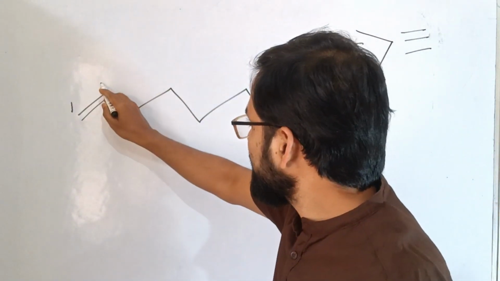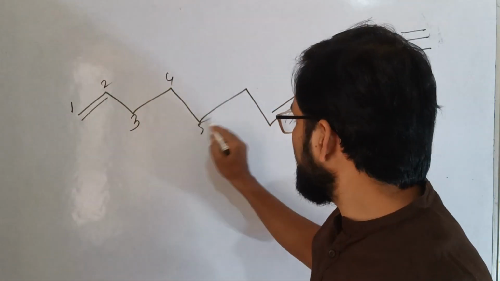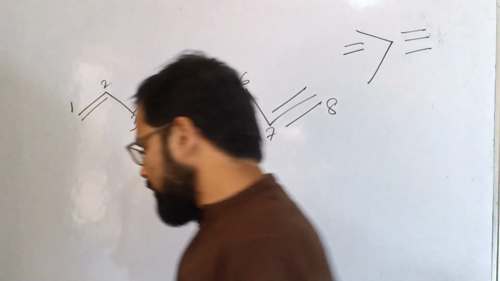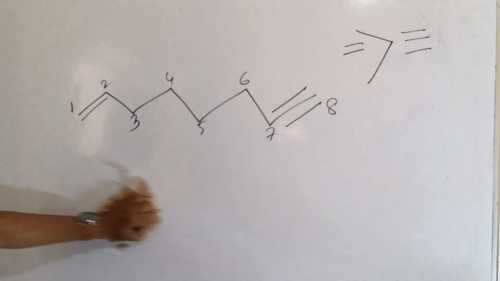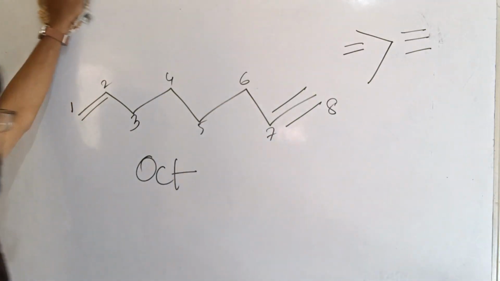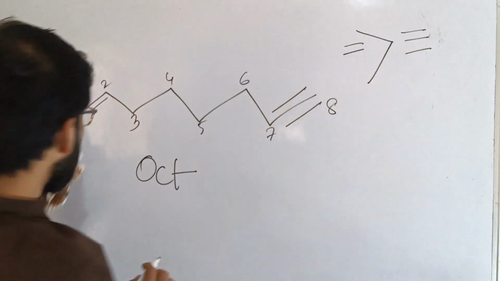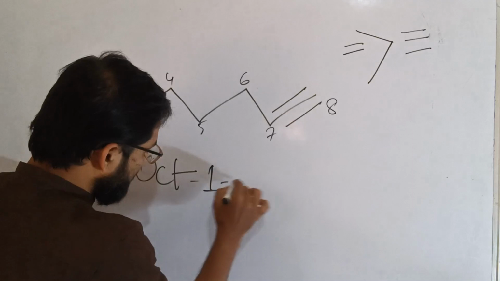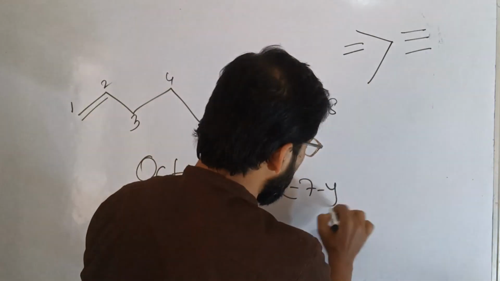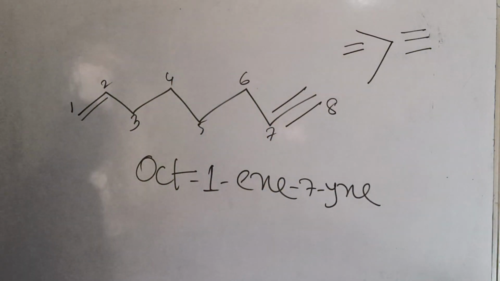First, second, third, fourth, fifth, sixth, seventh, eighth. So what will be the name? Oct. There is no branching or substituent group. Oct, which position en? 1-en, then 7-yne. That will be the name.